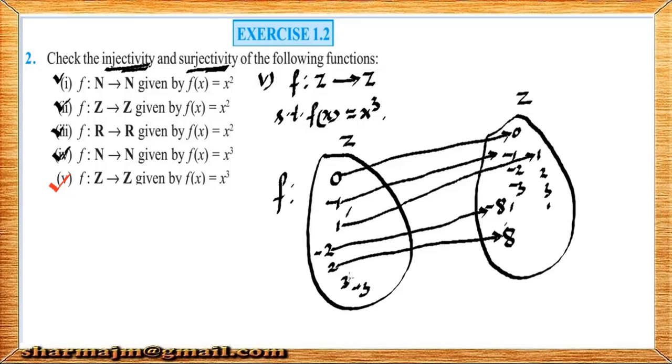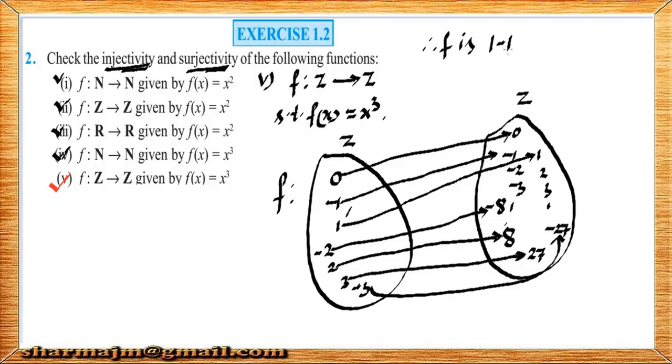Image of 3 is 27 and image of -3 is -27. So you see every element is having its unique cube in codomain, okay. So therefore f is 1 1 function because cube of an integer is unique.